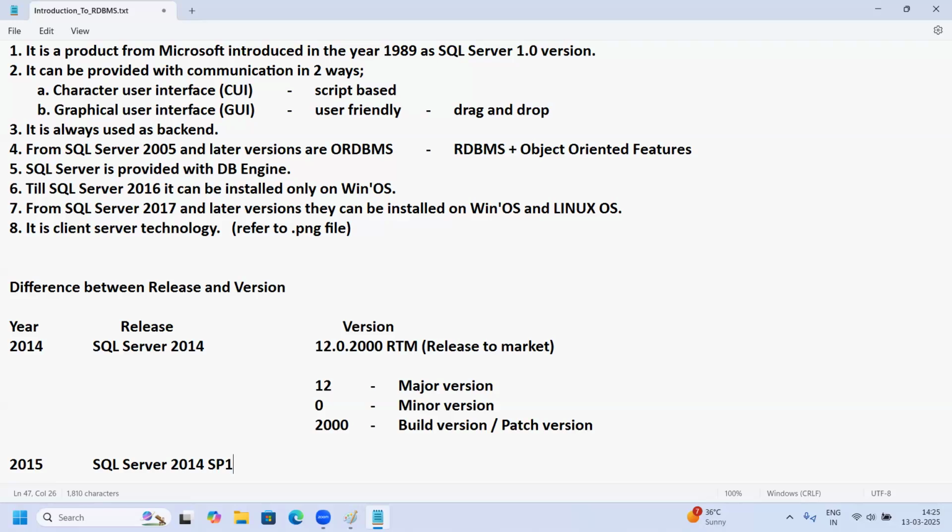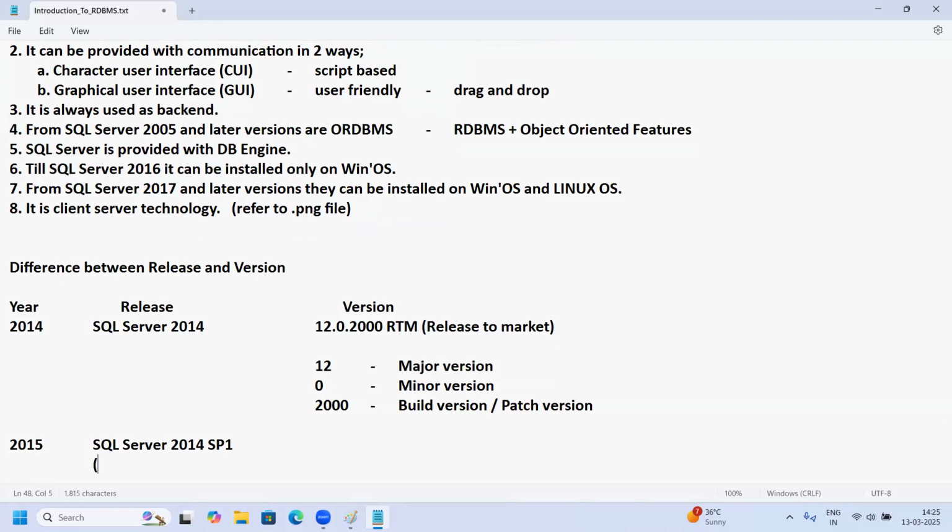Yes, 2014 only, but a little extension of it. What is it? That is called Service Pack 1.